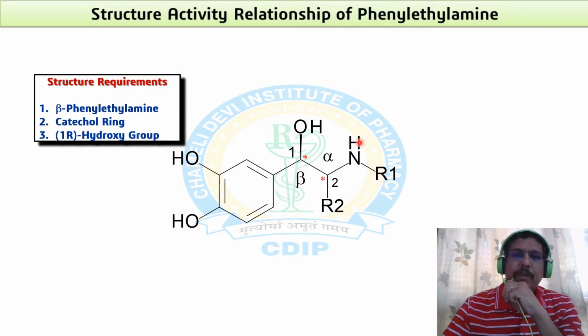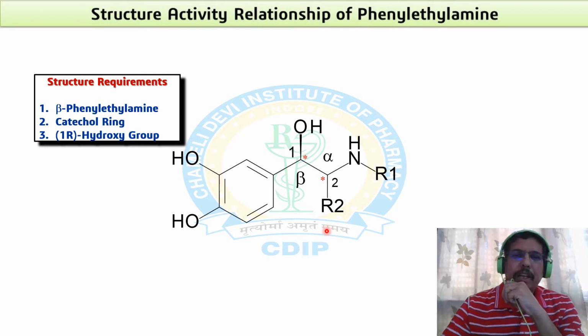When we modify this H, the activity changes dramatically. And again, if you look at the alpha carbon, it has two hydrogens, so again we can change that hydrogen by means of an alkyl group, that is R2.